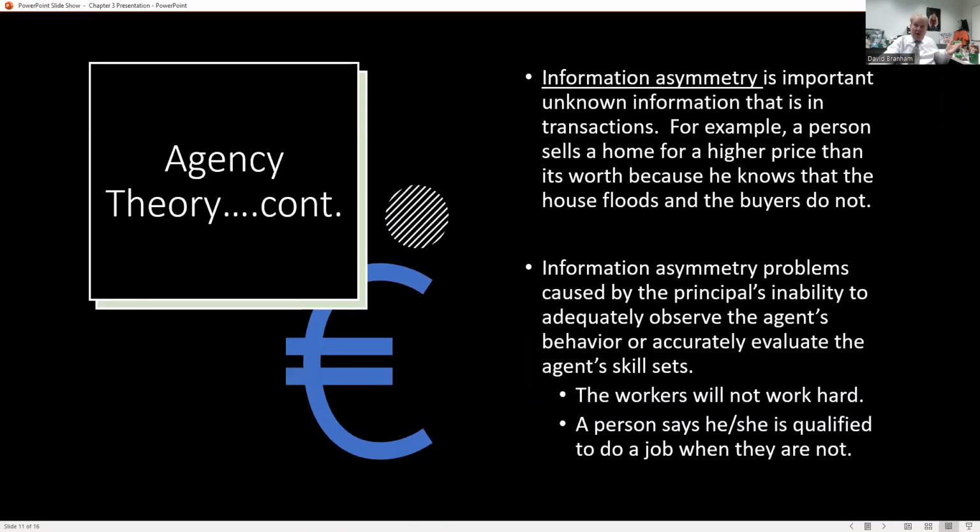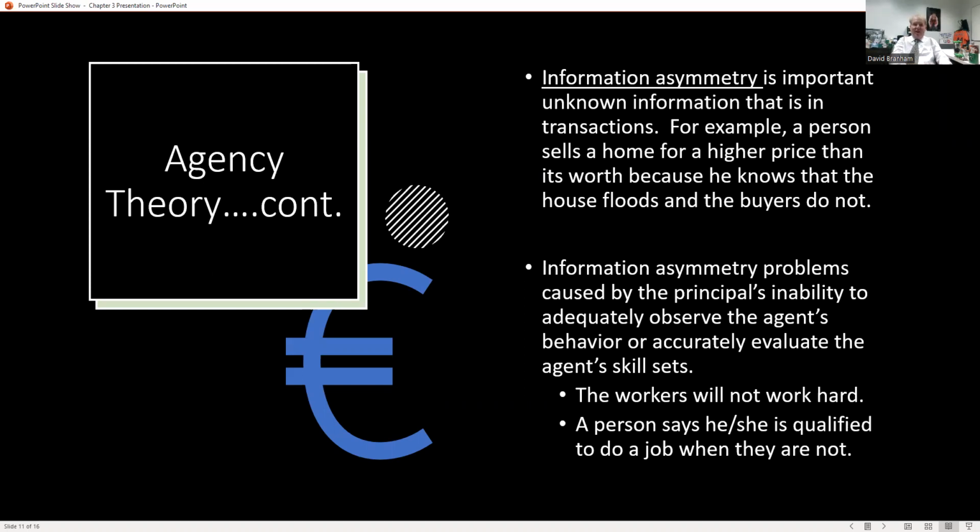So another problem in agency theory is information asymmetry. It's an important unknown. It's important because unknown information in transactions makes it where people get cheated in their transactions. The market system, in most cases, assumes that information asymmetry doesn't happen.